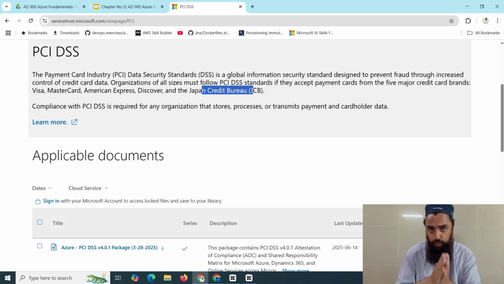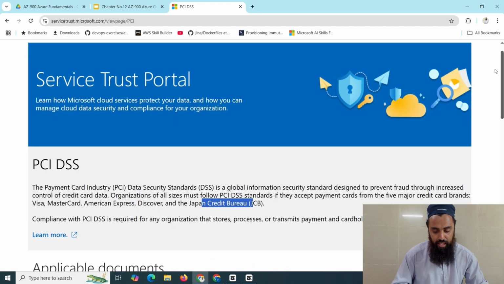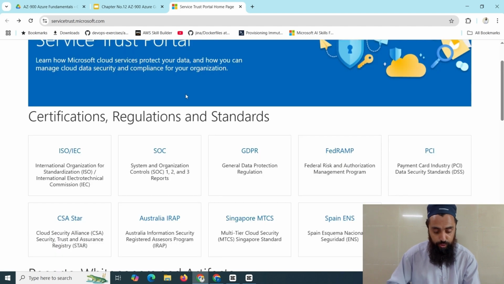So, guys, if you're using Visa or MasterCard, it means that your bank or your fintech is actually following the PCI DSS standards. So, that's how we can go through these standards from servicetrust.microsoft.com, and more details about all the standards and regulations are mentioned on this trust portal.